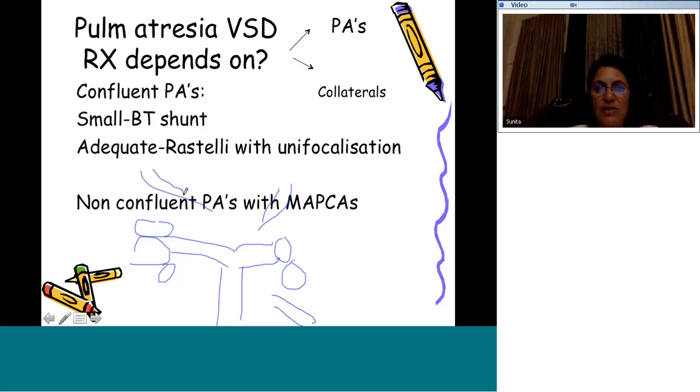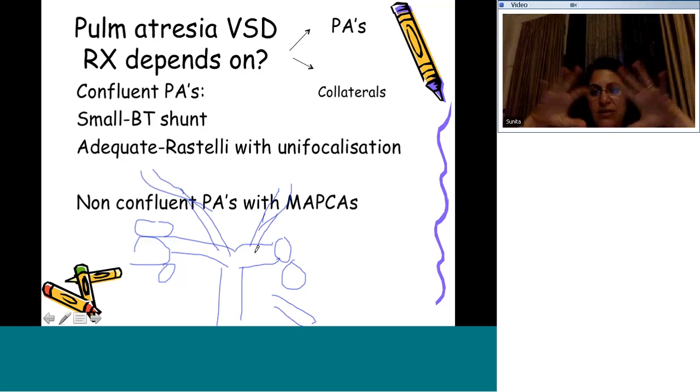So unifocalization means we take these collaterals and connect them up to the pulmonary arteries. We disconnect these collaterals from the aorta and connect them to the pulmonary artery. So the collaterals now become part of the pulmonary vasculature. Why is it important to do this?